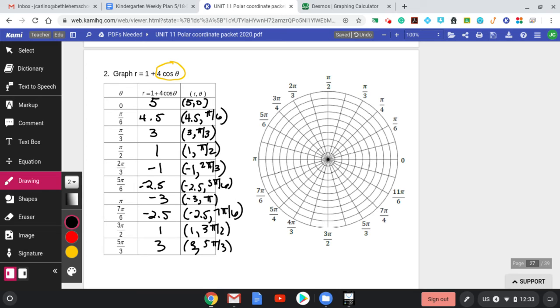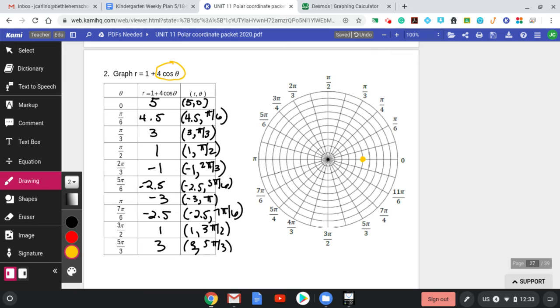Okay, so here we go graphing this. We'll do it in yellow this time. All right, so I got 5, 0. So 1, 2, 3, 4, 5, 0. And it kind of makes sense, right? Think about this, guys. If I graphed it without the +1, it would go out to 4.